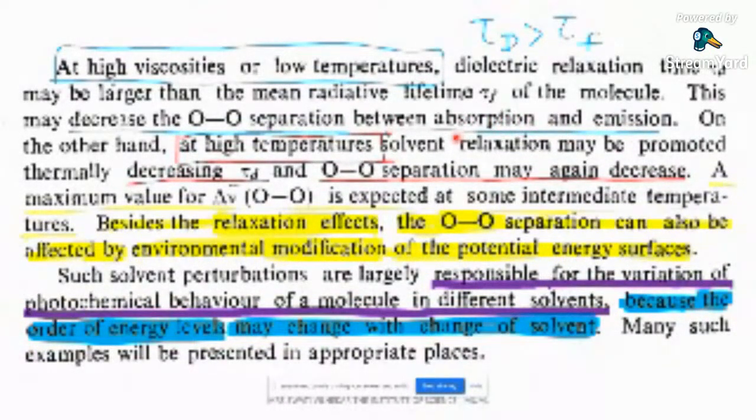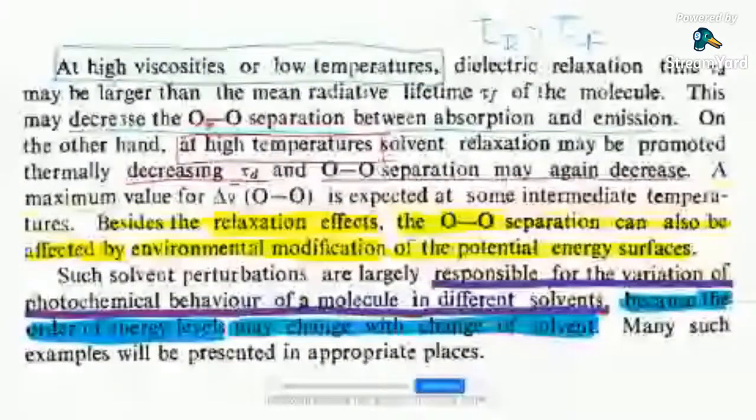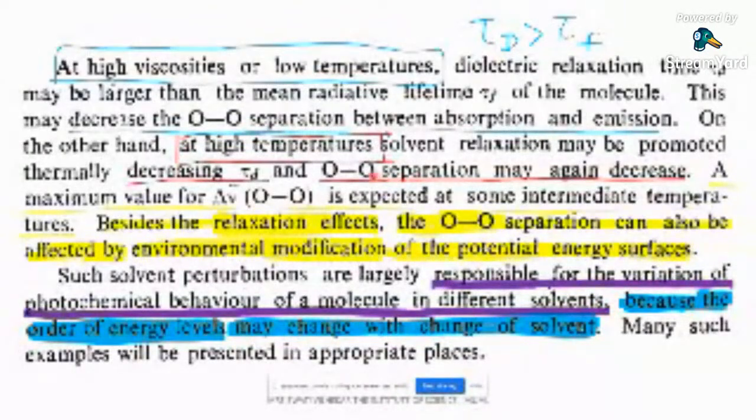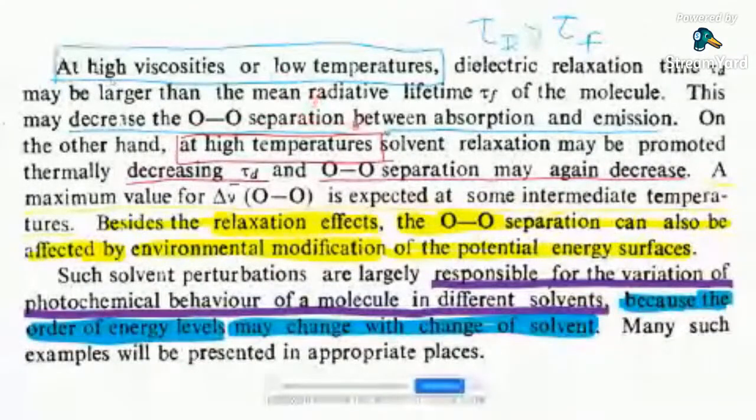On the other hand, at high temperatures, TD will be decreasing, and the 0 to 0 separation may again decrease. At high temperature it will decrease, and at low temperature also, because of high viscosity, it will decrease. And a maximum value for del nu 0 to 0 is expected at some intermediate temperatures.